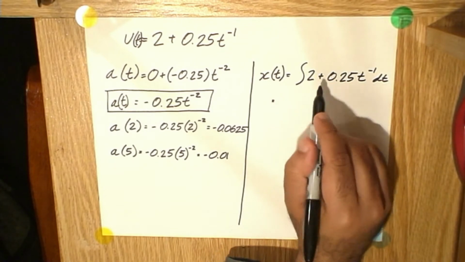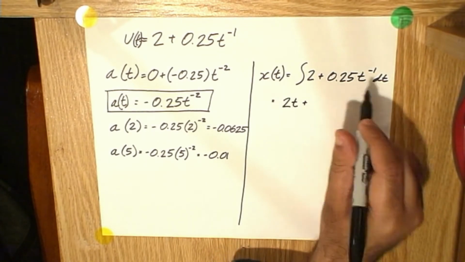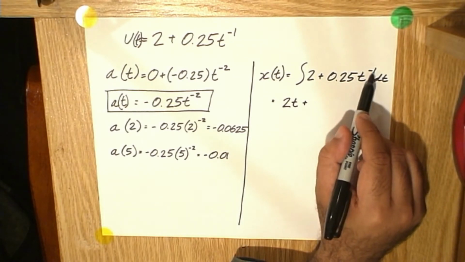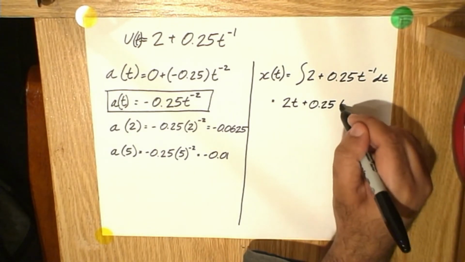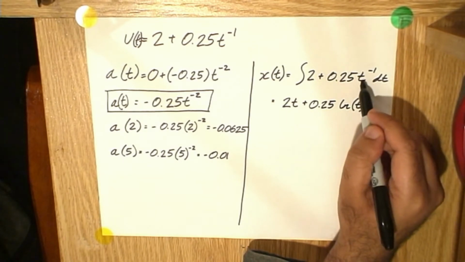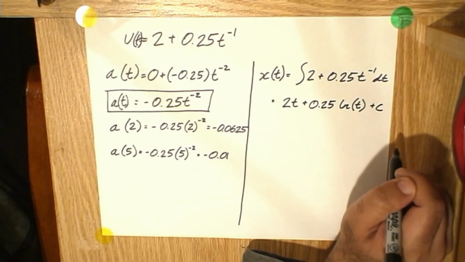So the antiderivative of 2 is 2t, and the antiderivative of 0.25 t to the negative 1 power is 0.25 ln of t. Remember, the antiderivative of t to the negative 1 is ln of t. And then I add the c to it.